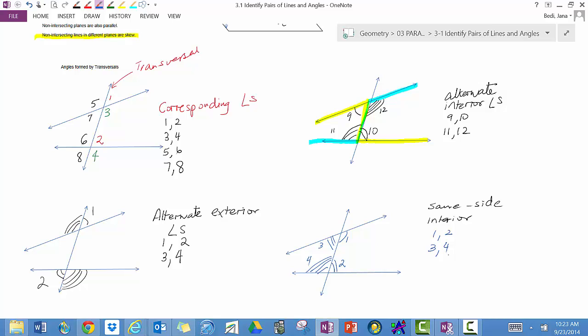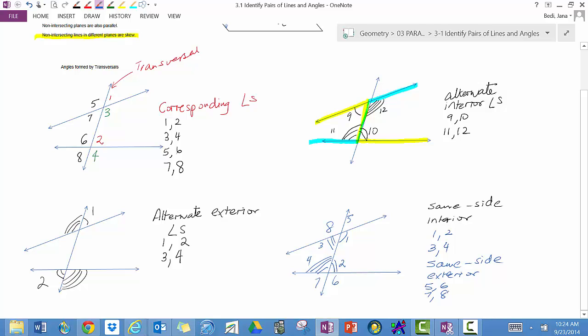Let's just make one more connection. 5, 6. These are same side, but they are same side exterior. 5, 6 and 7, 8.